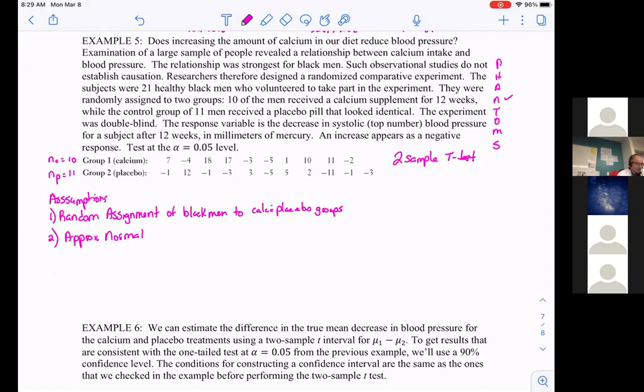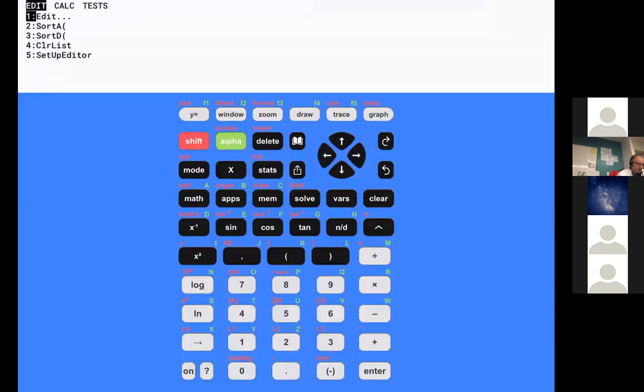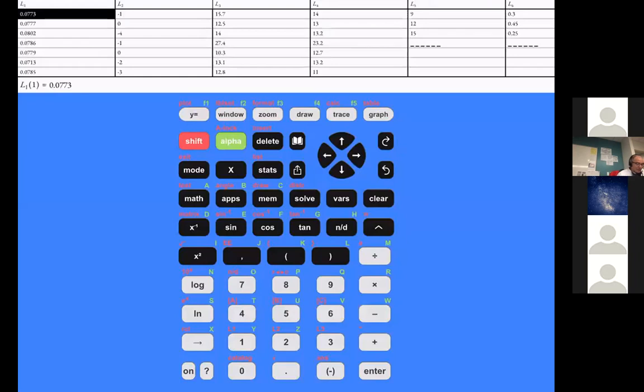So let's go ahead and get that data into my calculator. So I apologize. It'll watch me enter data. And I wish I remembered if I needed any of this data.